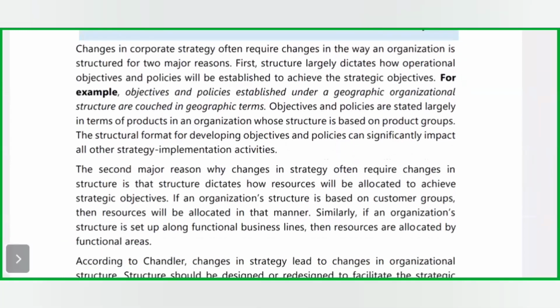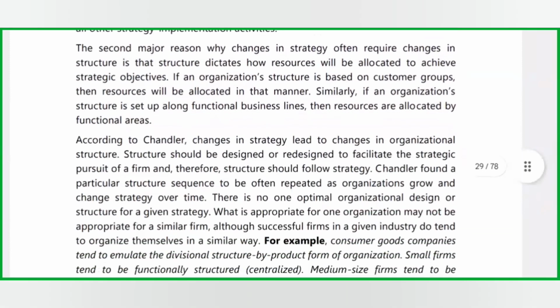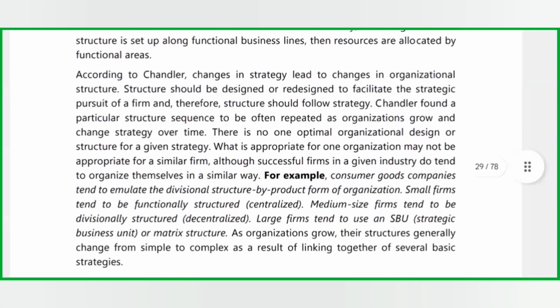So changes in corporate strategy often require changes in the way an organization is structured. That is for two reasons. First, structure largely dictates how operational objectives and policies are established. Second major reason why changes in strategy require changes in structure is that it dictates how resources would be allocated to achieve strategic objectives. Also, according to Chandler, changes in strategy lead to changes in organizational structure.